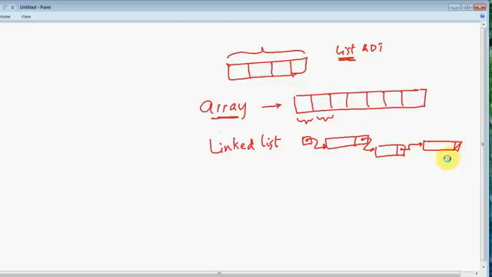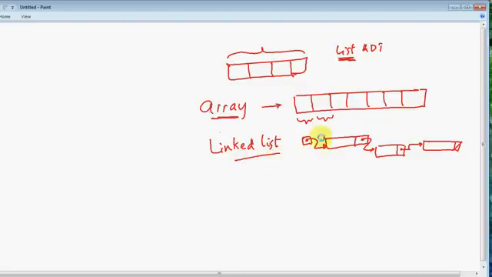It's a null pointer. If you remember what pointers are, you would understand what I'm talking about. If you don't know what pointers are, you need to go back and watch the tutorials on pointers. I made quite a few, so you could go and look them up. So that's the linked list.